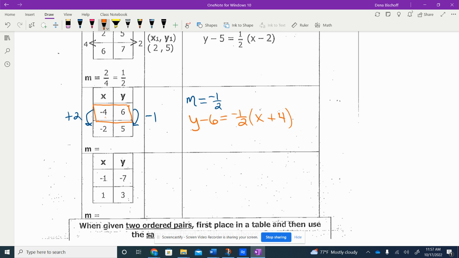Kellen, give us the other equation that we could have written using the other ordered pair, if you don't mind. Y minus 5 equals -1/2 times the quantity x plus 2. Awesome.